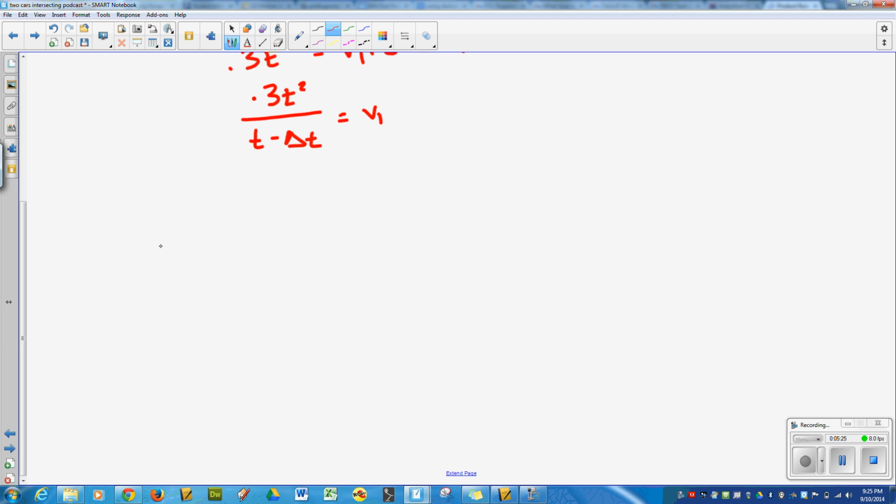To find the minimum of the velocity, what I'm going to do is take the derivative of the velocity and set that first derivative equal to 0. So let me rewrite this first so that I'm setting it up to use the product rule.